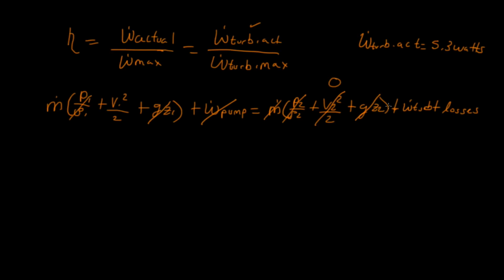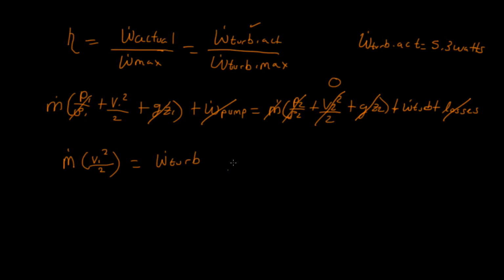And since we're going to look for our theoretical maximum, we are not going to consider any losses at all in our system. So this guy also goes to 0. So what we're left with is that mass flow rate times velocity 1 squared on 2 is equal to our work of our turbine.